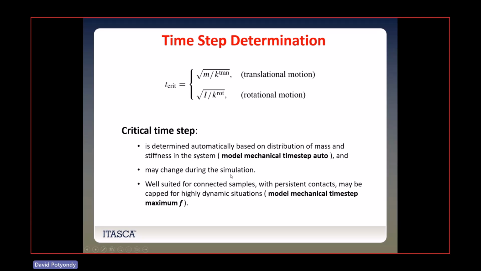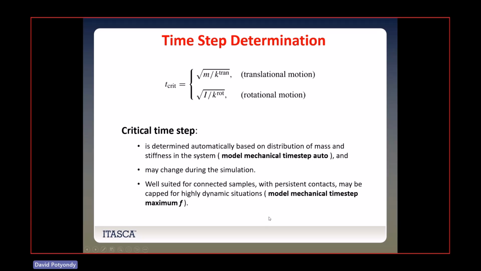When you start squeezing the system, you start to get new contacts, you get new springs. And so that's potentially going to make it stiffer, that's going to make it vibrate faster, that's going to make the time step have to get smaller. So it's changing, you don't control it. Okay, there's a command: model mechanical time step auto.